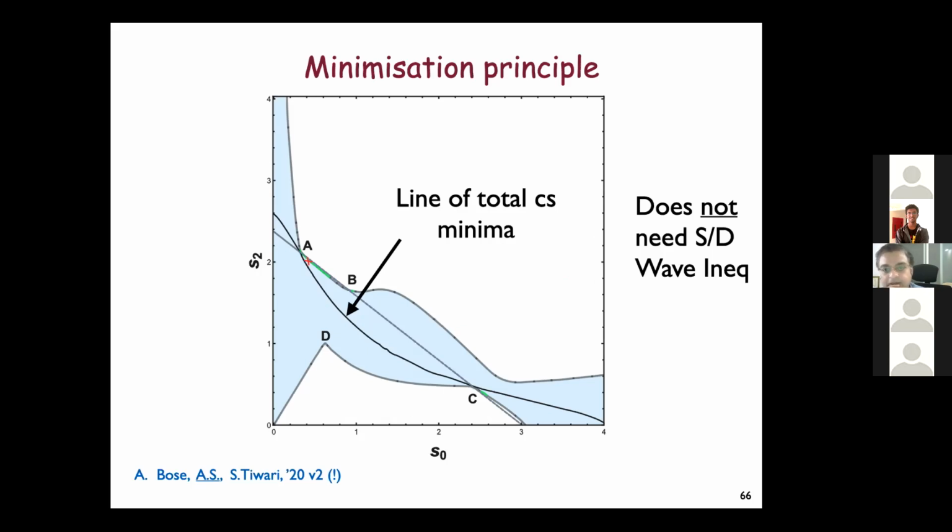Yeah, so if you maximize it, somehow it seems to go against this narrow resonance approximation argument of Mandelstam's. But maybe that's also an interesting question to ask: what is the line of maximum total scattering cross-section? We have not looked into that, but one can generate that and see how far it is.